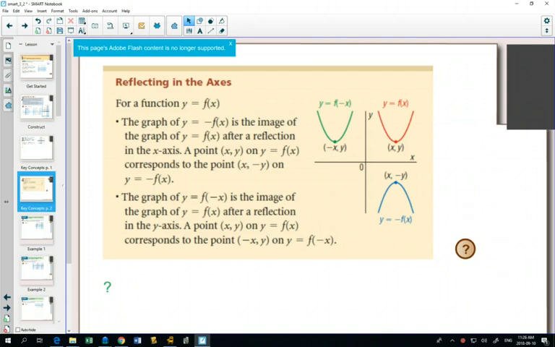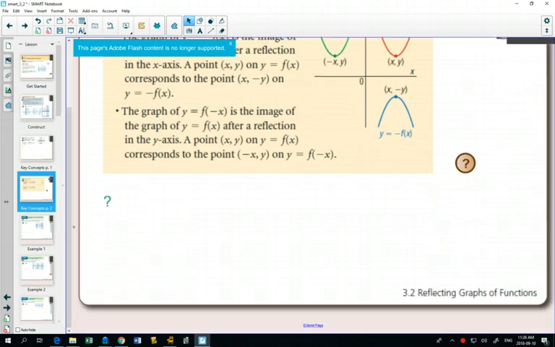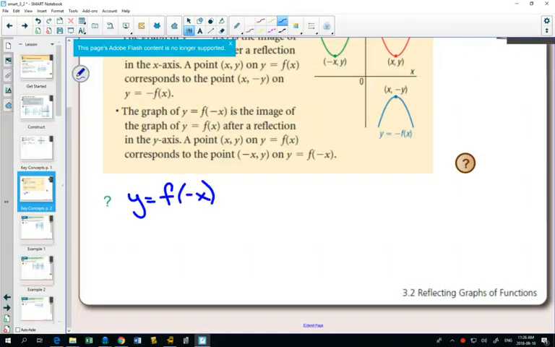So what I would like you to do, off to the side on this one, is make an extra note. We'll start with y equals f of negative x.